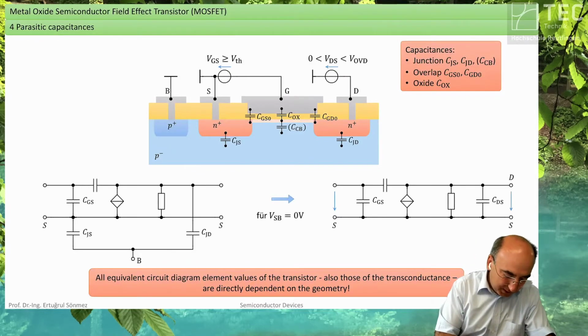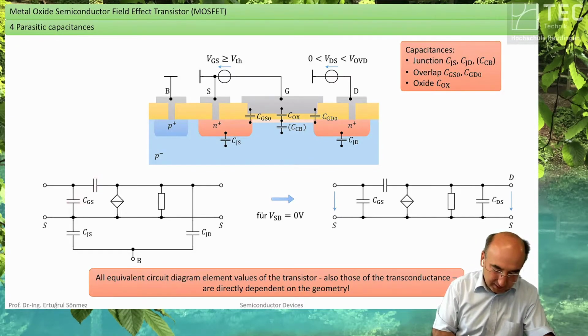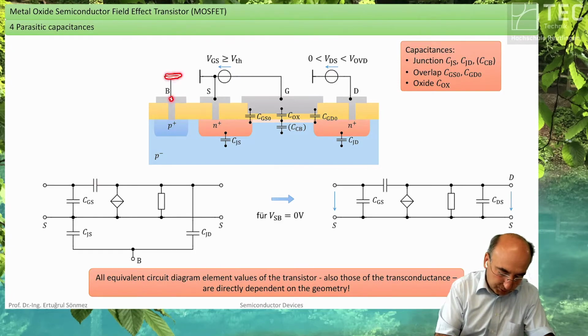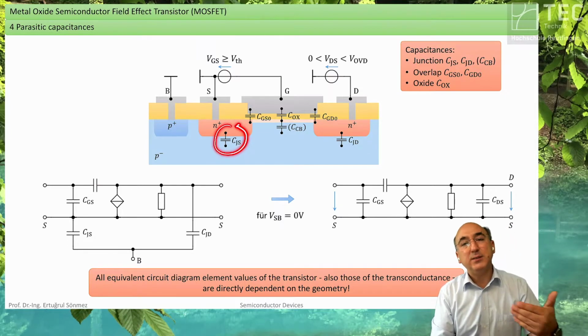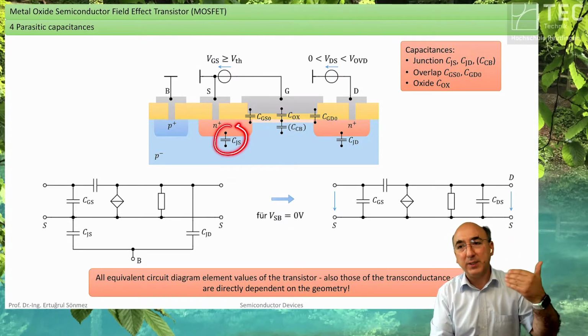All these capacitances are present, and if you then put your bulk to ground, there is the source to bulk junction capacitance. What is a junction capacitance? It's the space charge capacitance of a diode.